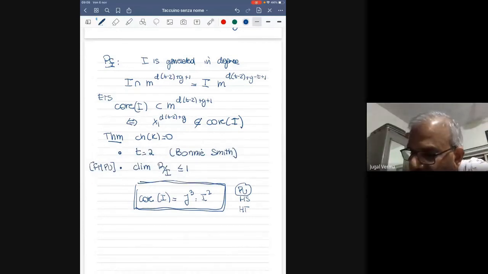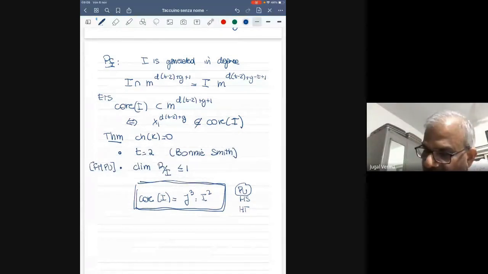Claudia, I have a question. You mentioned that if you take a monomial ideal in a polynomial ring which is asymptotically normal, then because the Rees ring has rational singularities, the core of I is the adjoint of the d-th power of I. I'm wondering if this is true in more general rings.